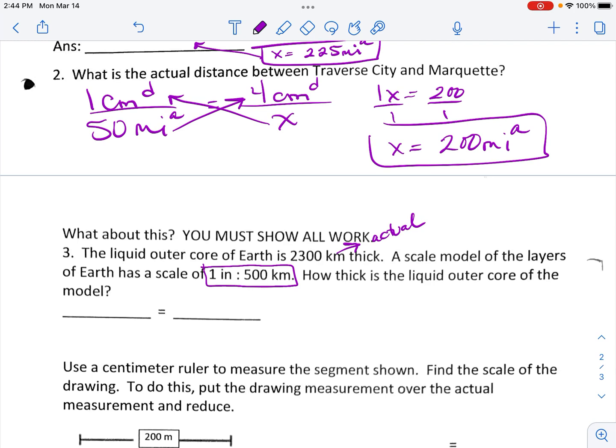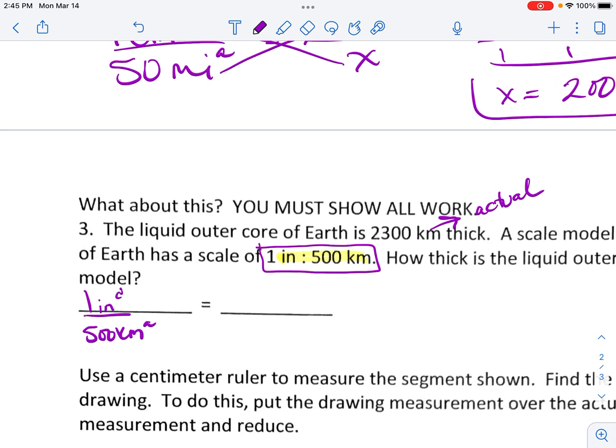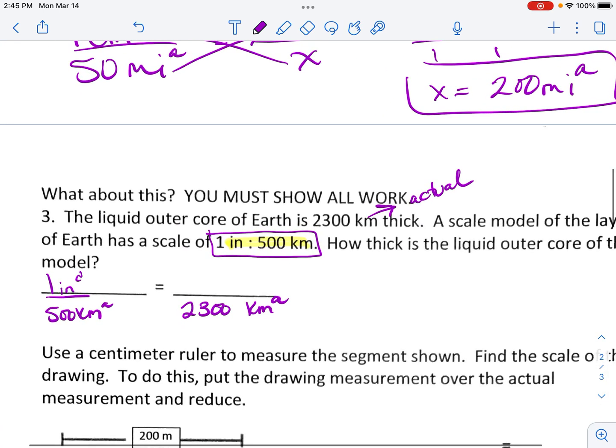How thick is the liquid outer core of the model? So we'll always start with the model. 1 inch in the drawing is 500 kilometers actual. Then plug in what we know. The liquid outer core of Earth is 2,300 kilometers actual. We're trying to figure out the model.